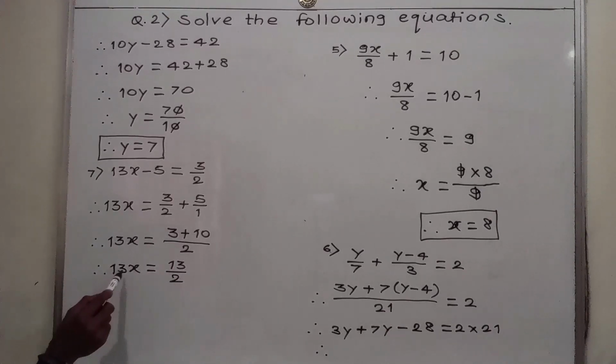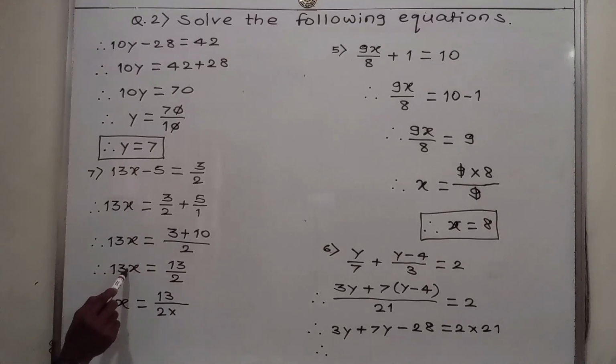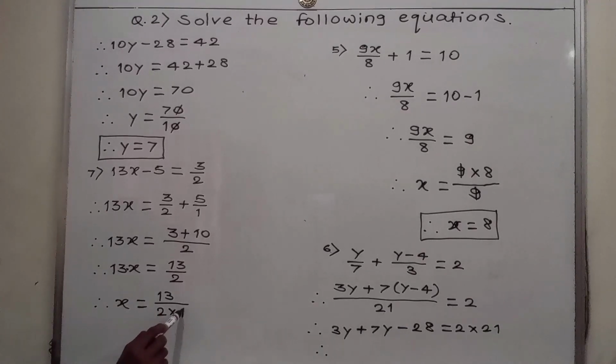Now here 13 into x is a multiplication or product, so x is equal to 13 upon 2, and here it is multiplication, so we take this 13 as denominator.